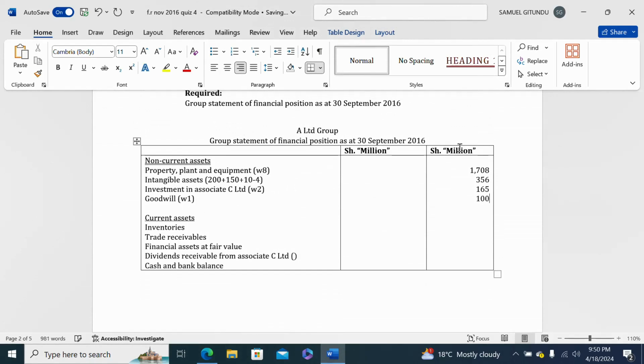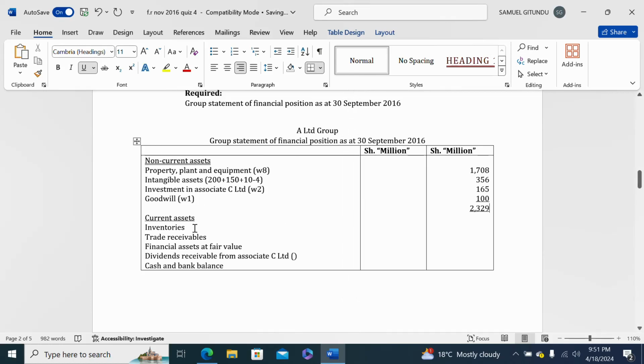If we add all of this non-current asset, we are getting the total value of non-current asset as 2,329, and remember our currency is in million. So we are now done with the non-current assets.